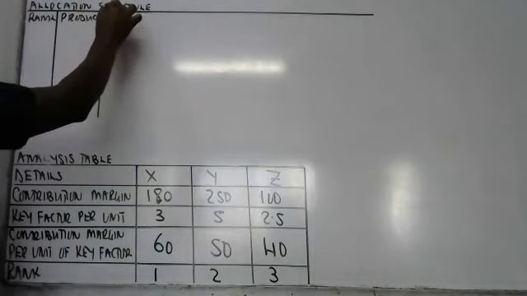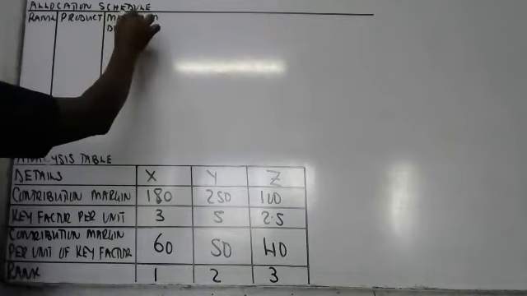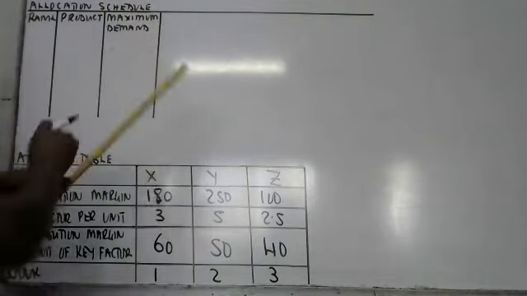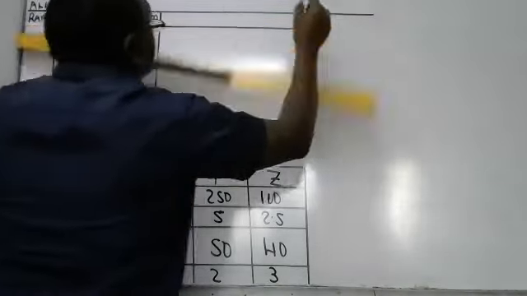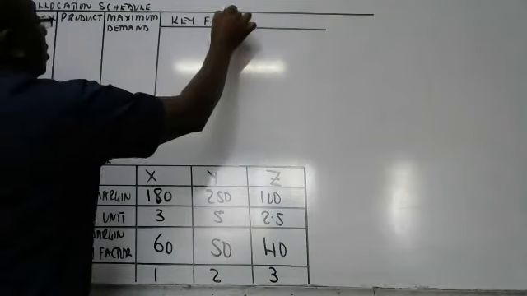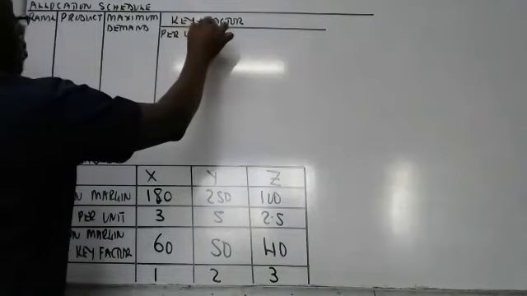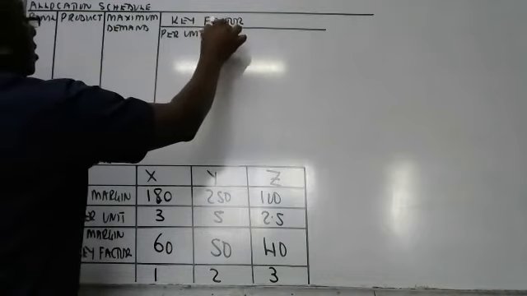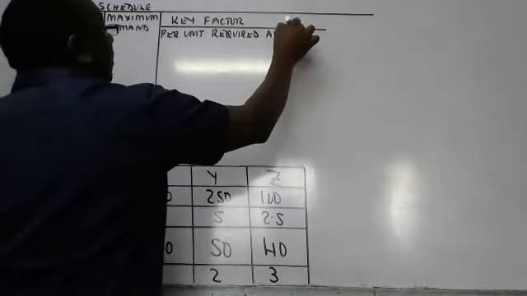Then we have maximum demand. Then tukuje hapa tuseme key factor. So key factor, we have per unit. We have the required, and then we have the available.